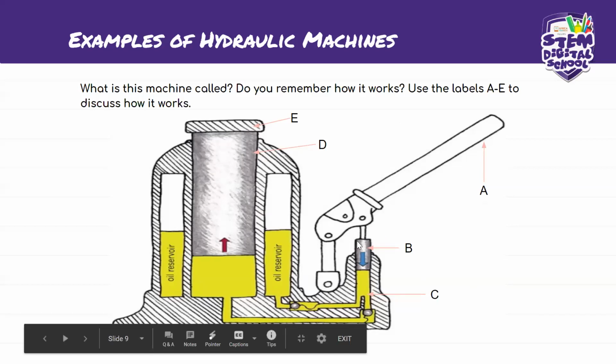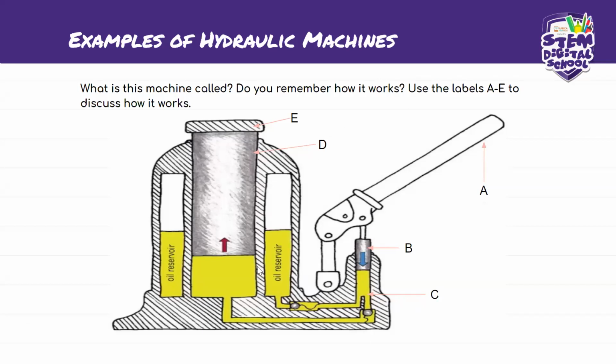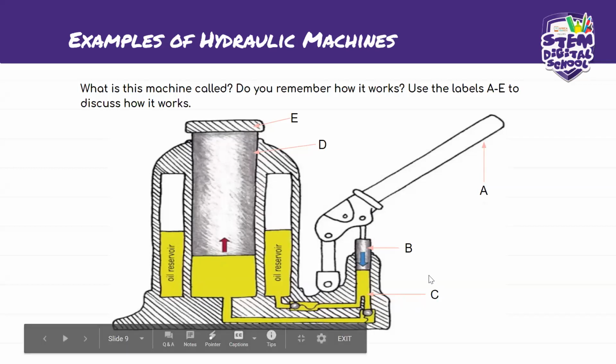When it is moving down, something happens to C. I want somebody to tell me what this label C is. It's the oil that gives us an advantage. What do we call it? Because this is a hydraulic machine. What do we call this oil? Liquid.